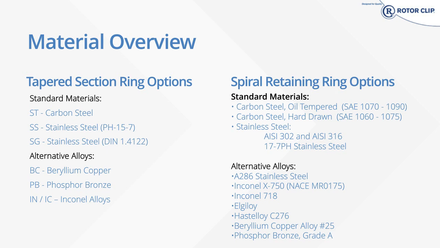Won't go too far in depth on this slide, but if you're rewatching this webinar in the future, just know this is how we call out materials. On some of the alternative alloys, the symbol changes depending on the wire type, so the specific abbreviation isn't listed there.